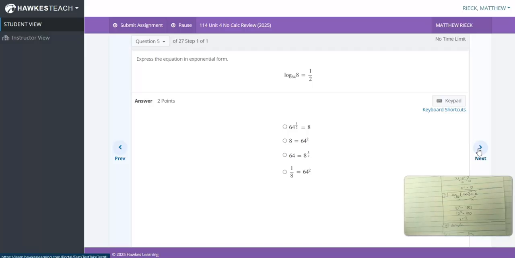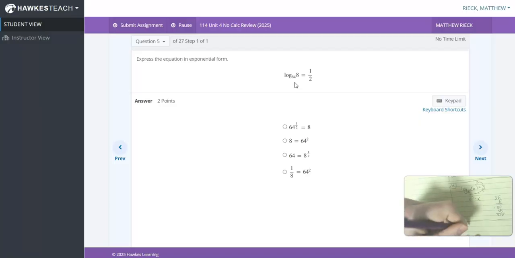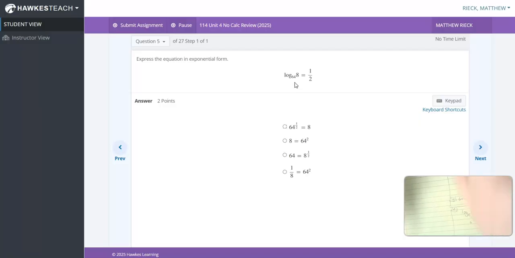All right, so here we're asked to write this in exponential form. I suppose I can go ahead and write this down. So we have log base 64 of 8 equals 1/2.